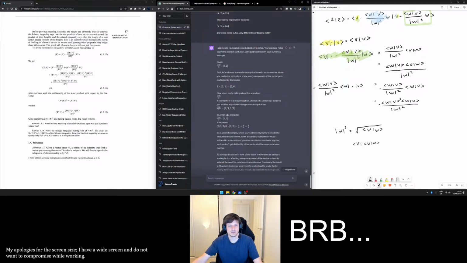So when you compute that, it becomes 2 over 3, 2 over 3 times 2 times 2. So it's going to be 2 times 2 divided by 3 is 4 over 3 plus 4 over 3.